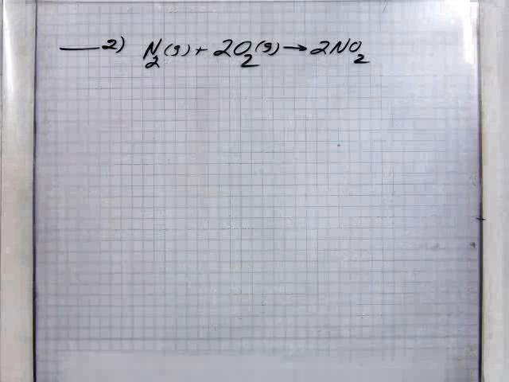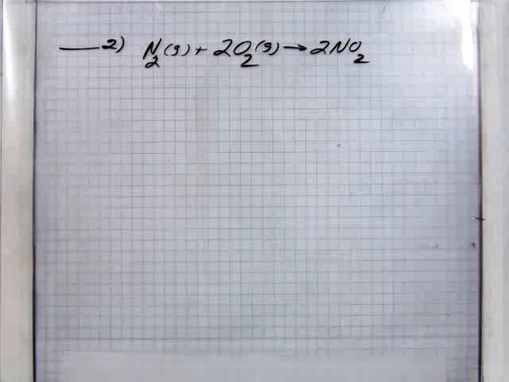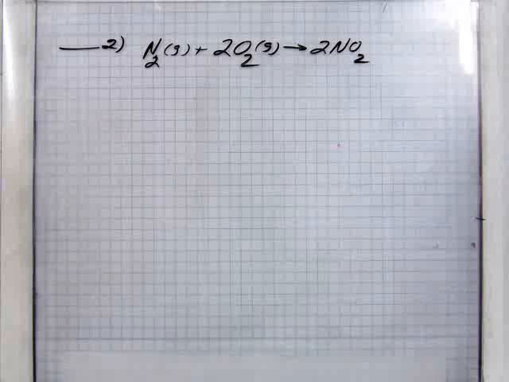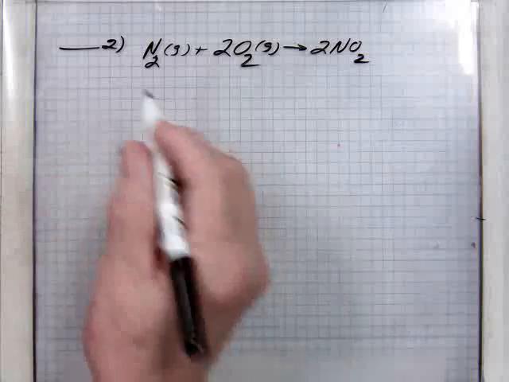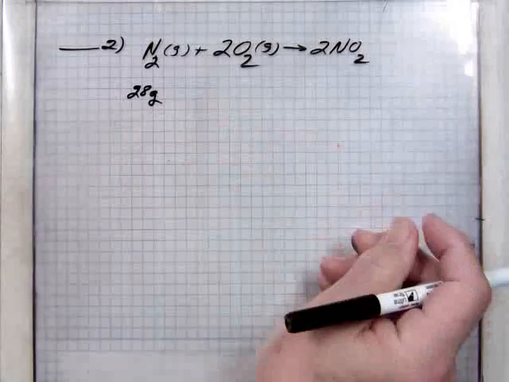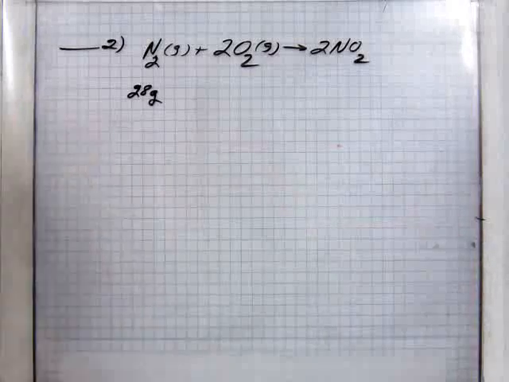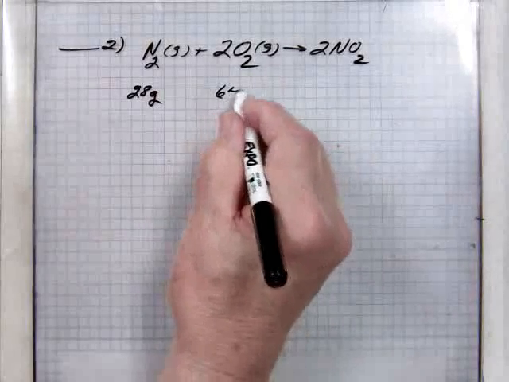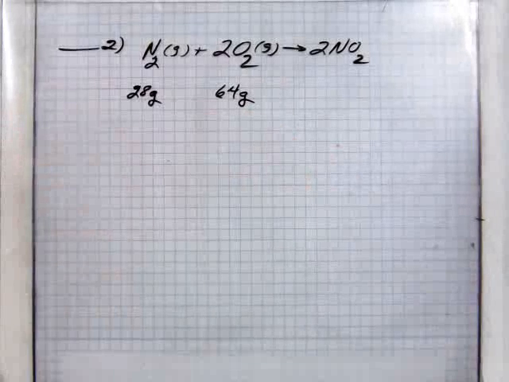Okay, number 2 says, what is the yield of NO2 gas when 28 grams of N2 gas react with 64 grams of O2 gas in the following reaction? So we have 28 grams of molecular nitrogen, and then we have 64 grams of molecular oxygen.